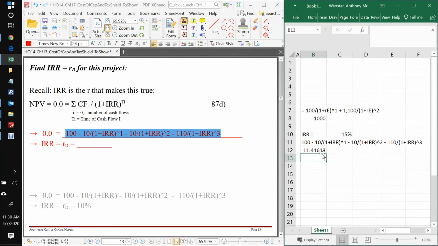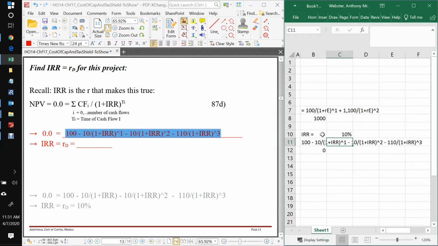And when I have my IRR equal to 15%, I get something that's not 0. And if I put in 8%, I get something that's not 0, but the sign has changed. So I know it's in between 15% and 8%. So I can say 12%, so it's still in between there somewhere, and I could pretty quickly get to 10%.